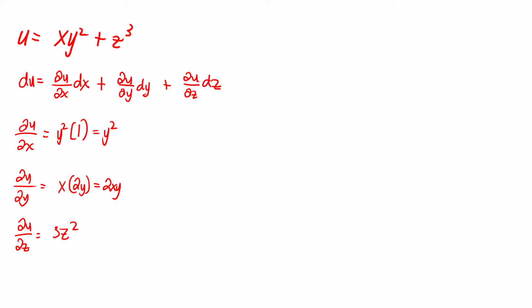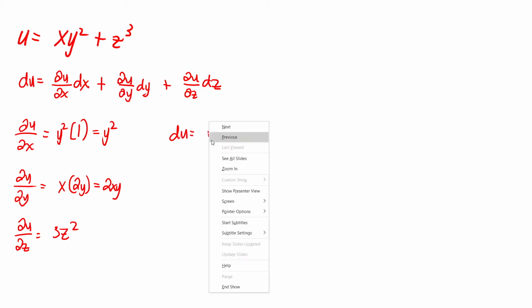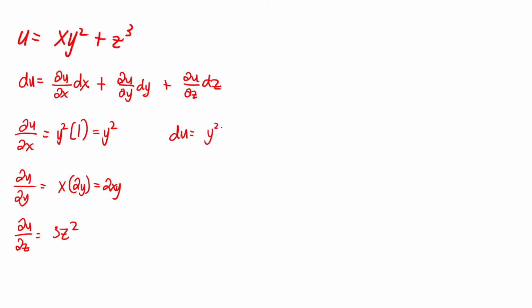So we simply substitute everything to our formula. So du is now equal to y squared dx plus 2xy dy plus 3z squared dz.